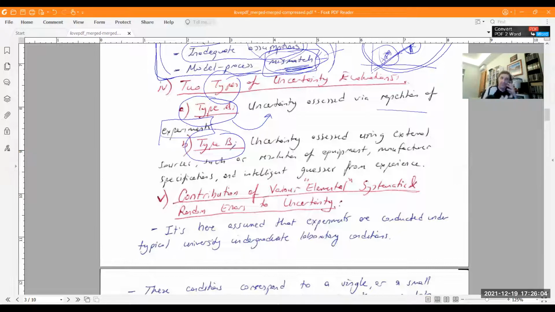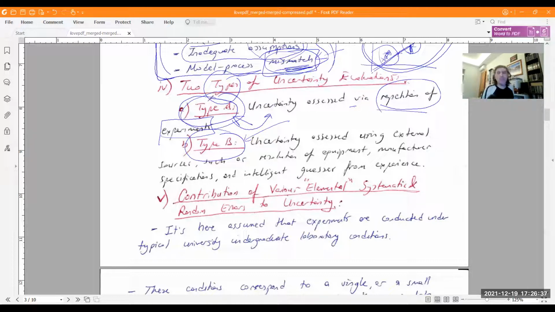We're going to see what repetition of experiment corresponds to, but if you repeat your experiment and come up with some uncertainty values, these are called type A uncertainty evaluations. There are certain uncertainty values which can only be obtained by repetition of experiments. These are called type A evaluations.